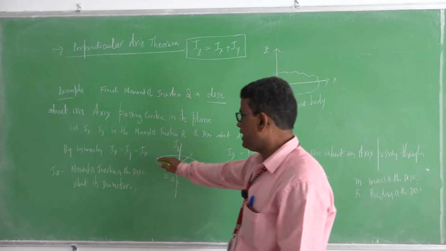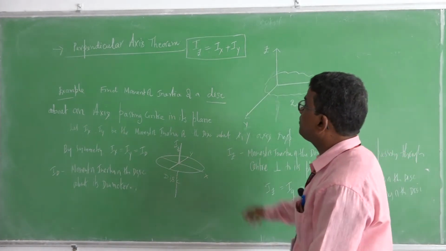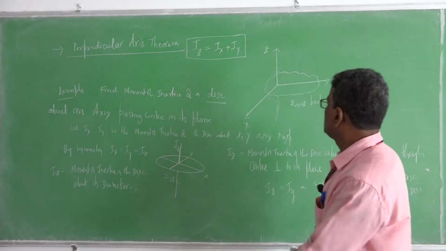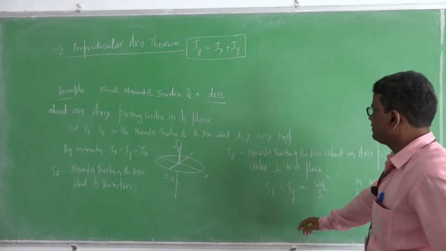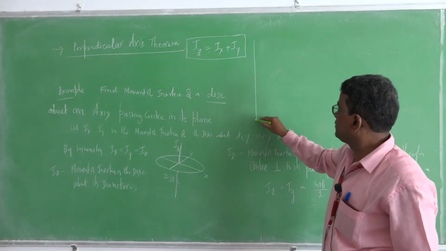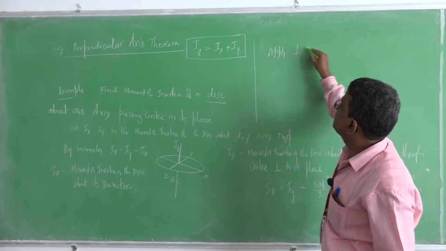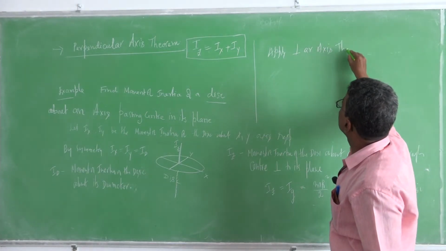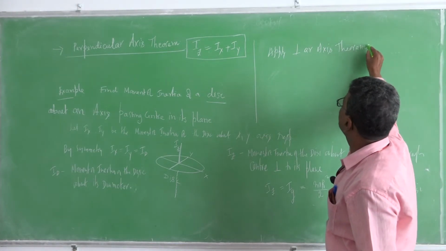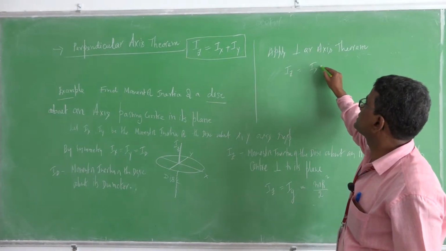Now I want Id, we have Iz. So apply the perpendicular axis theorem. What this theorem says is that Iz is equal to Ix plus Iy.